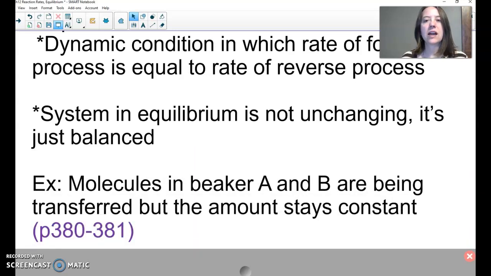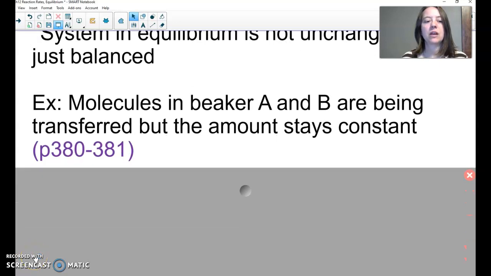So let's look at an example. Molecules in beaker A and B are being transferred, but the amount stays constant. So let's say there are molecules in beaker A and molecules in beaker B, and they get transferred between each other, but the amount is constant.